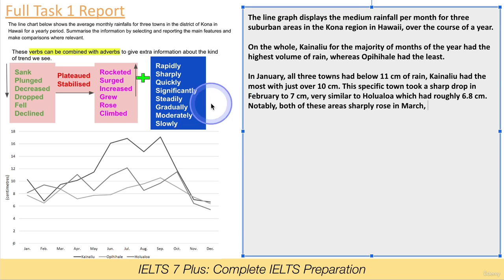So Holualoa continued this trend, this pattern, or this surge until April, to hit 10, 11. Okay, we talked about Kainaliu, we've talked about Holualoa, what about Opihihale?